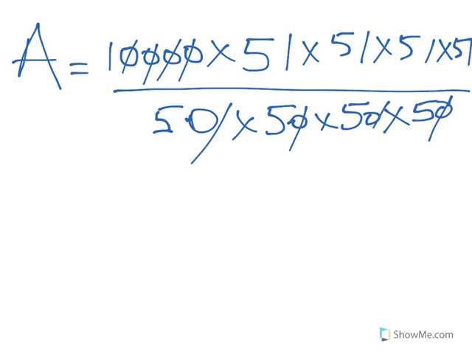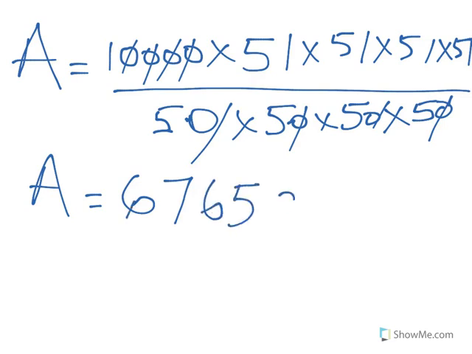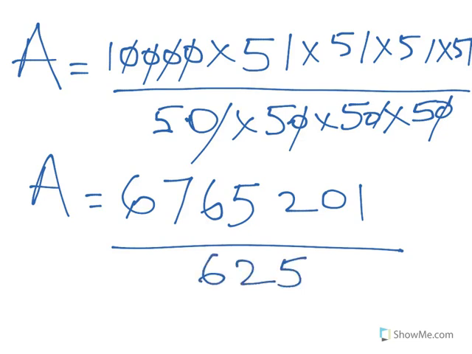So, do the math. 51 raised to the power 4 is 6,765,201. Divided by 20, I'm sorry, 525,125,625.